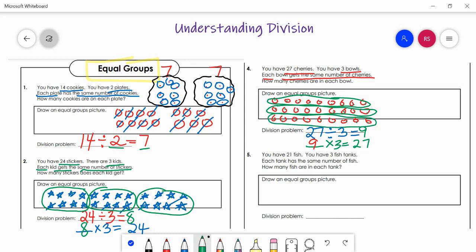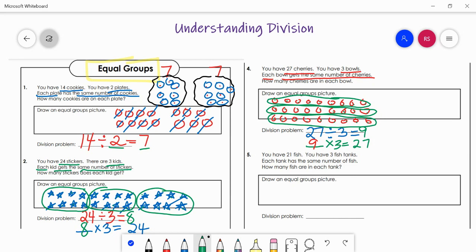So my division problem tells me 27 is my total, divided by how many groups do you have? I have 3 groups because I'm putting them into 3 separate bowls, and there are 9 in each group. Awesome job, guys. I hope that you gave number 5 a chance as well.